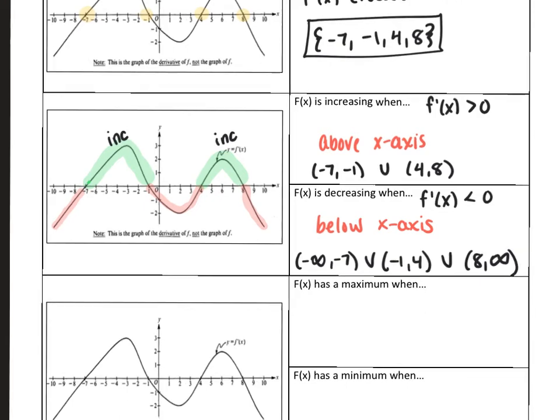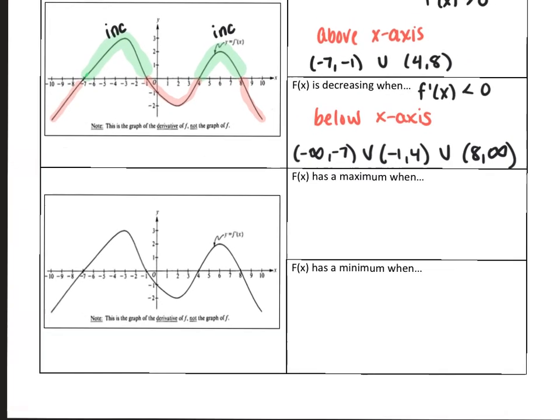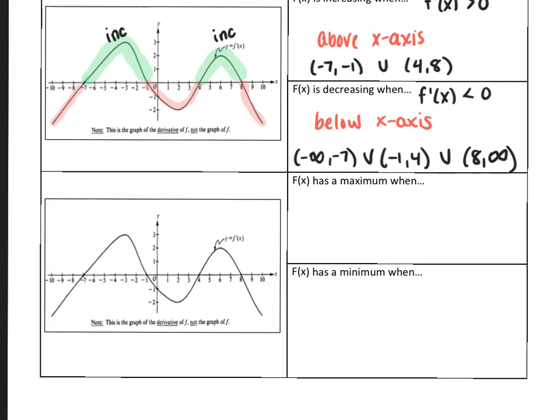Okay, so when did we have a maximum and when did we have a minimum? I want you to consider an f prime number line. You don't have to write this down, but you can look at it to see where I'm getting the information from. Say I asked you to do an f prime number line and I had critical values here and here, and say this was minus, plus, and then minus. And I said, what's happening with the original graph?